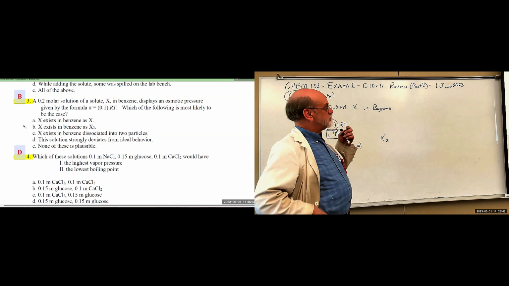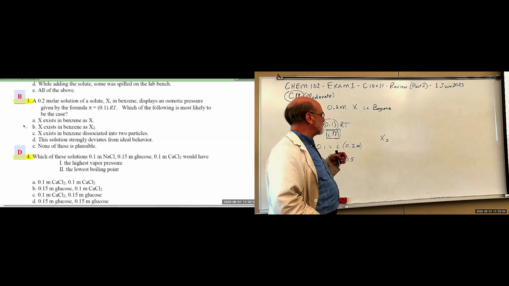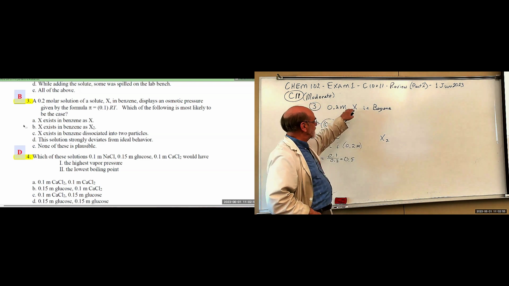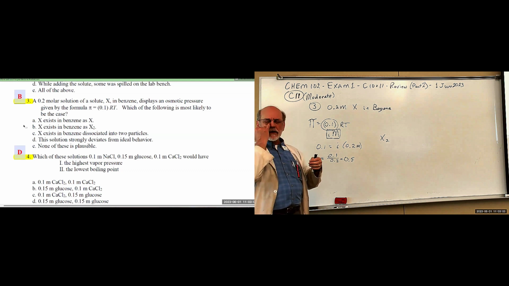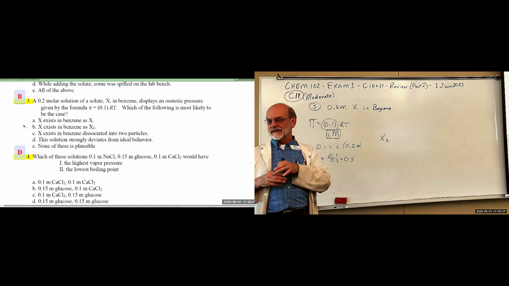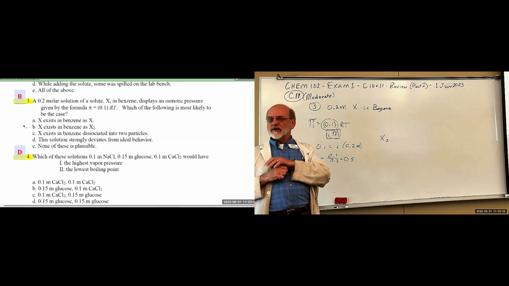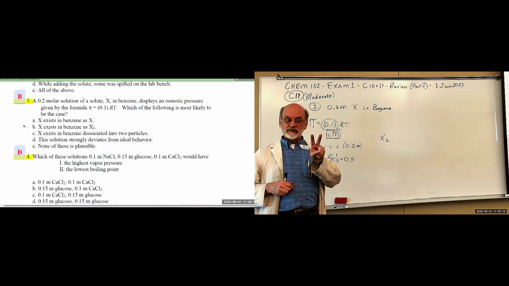So, B: X exists in benzene as X2. When it goes into benzene, the X molecules are associated with one another. We sort of implied something like that would happen when we discussed ion pairing. Sodium chloride would be i equals 2 in dilute solutions.